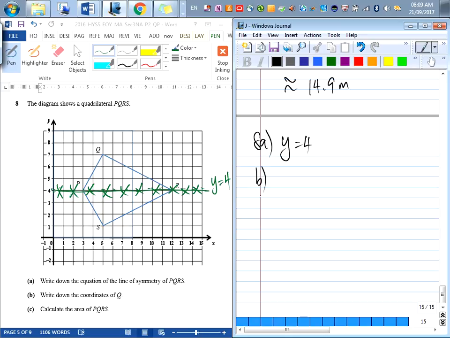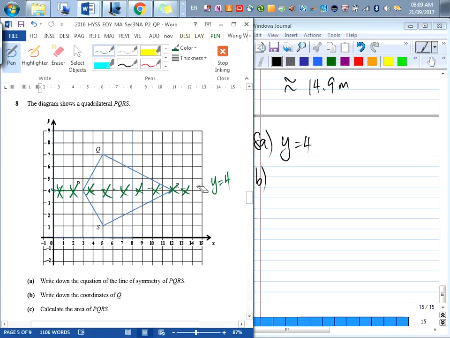Part B, write down the coordinates of Q. Where is Q? 5, 7. I'm sure during exams, some of you still don't know how to read coordinates because you'll still be wondering, do I put 7, 5 or do I put 5, 7? When you think about this during the exams, it just proves that you haven't been practicing enough.